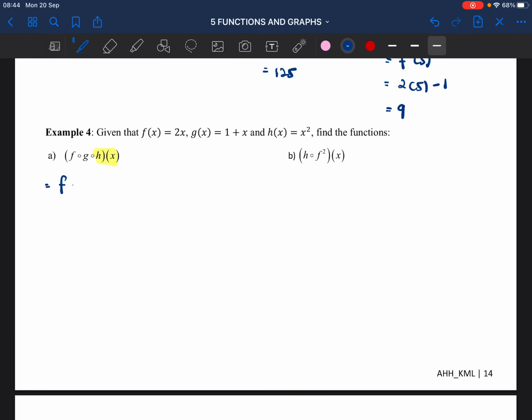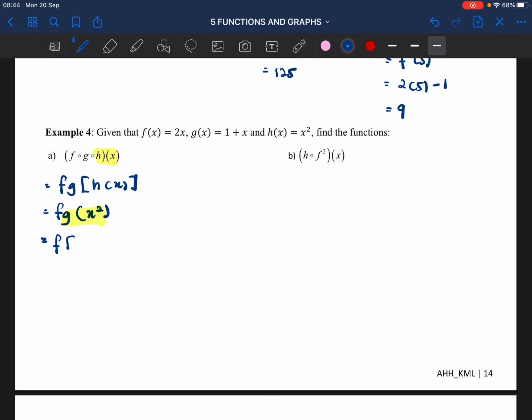So we will have f(g(h(x))). Just write it like this and then just masukkan kita punya function. So our h(x) is x squared, so we will have f(g(x squared)). Dari belakang juga.